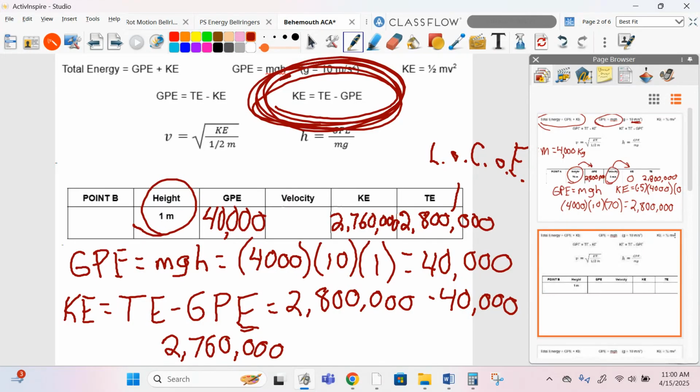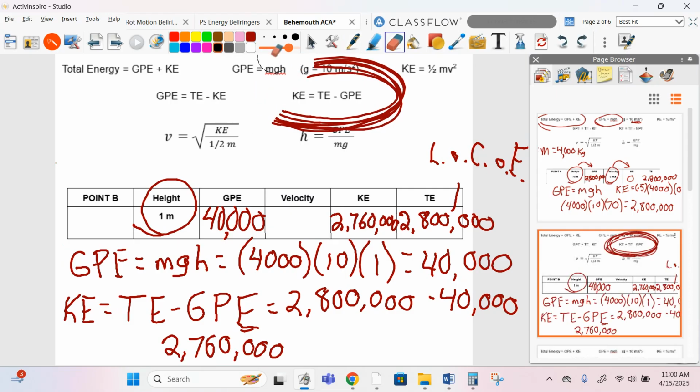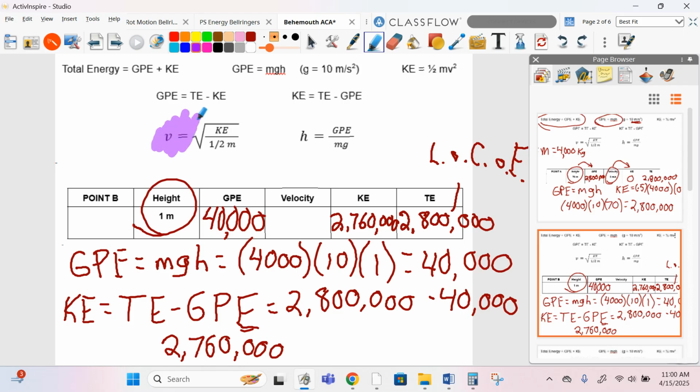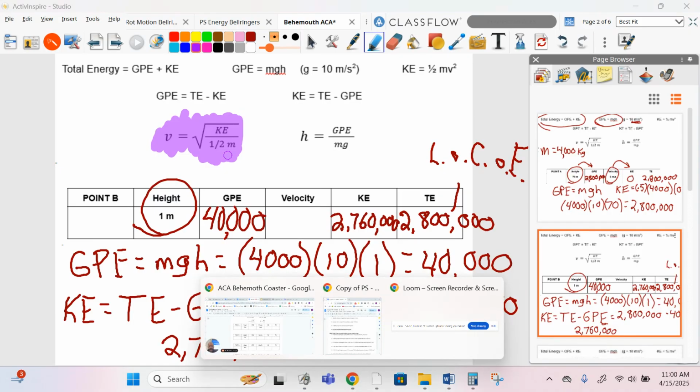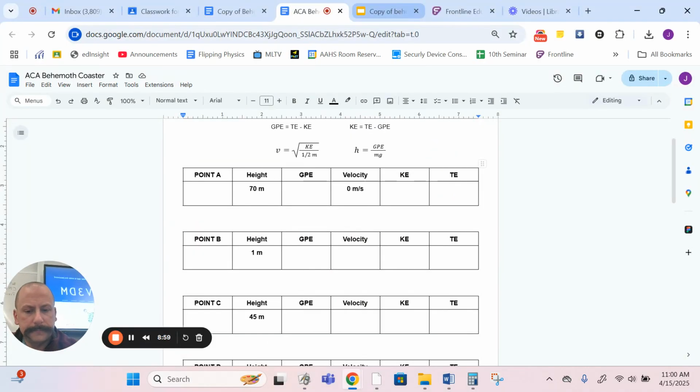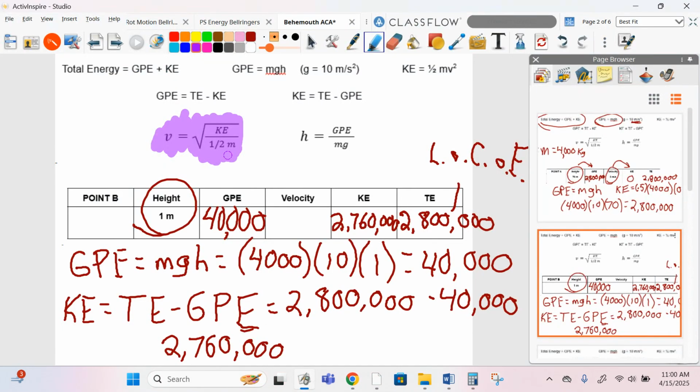2,760,000. Now, how do we figure out velocity? Velocity is found with this equation, if you are using the online calculator. So I'm taking the square root of the kinetic energy divided by 0.5 times the mass.